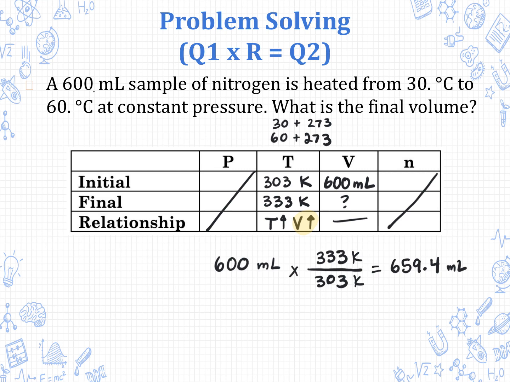So of those, 2 is smaller, so I'm going to round my answer to 2 significant figures, so 660 milliliters. And again, checking, did my relationship work the way I think it should? Temperature got bigger by about 10%, and this looks like about a 10% increase in volume as well.